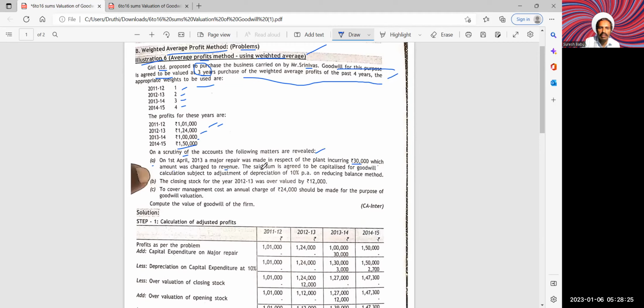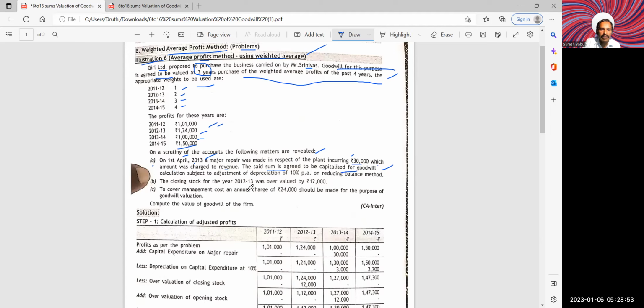Now it is to be subtracted from 2013 profit. The said sum is agreed to be capitalized for goodwill. It is to be capitalized. That means from which year? 1st April 2013 means 13-14. So from the third year, it is to be added back.